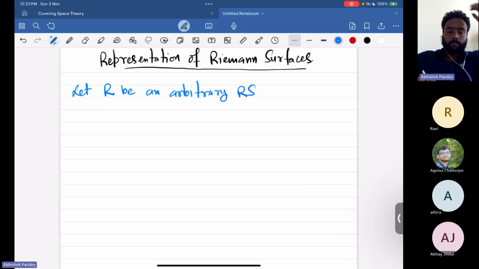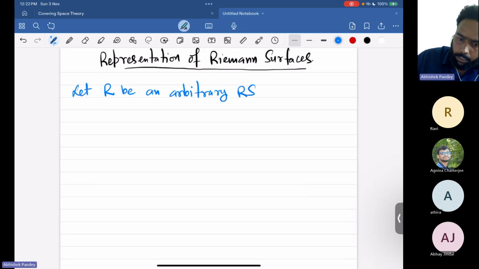Remember that in the previous class I said that every surface has a universal covering surface. A universal covering surface means a covering surface which is simply connected. Any other simply connected covering surface is basically homeomorphic to it.